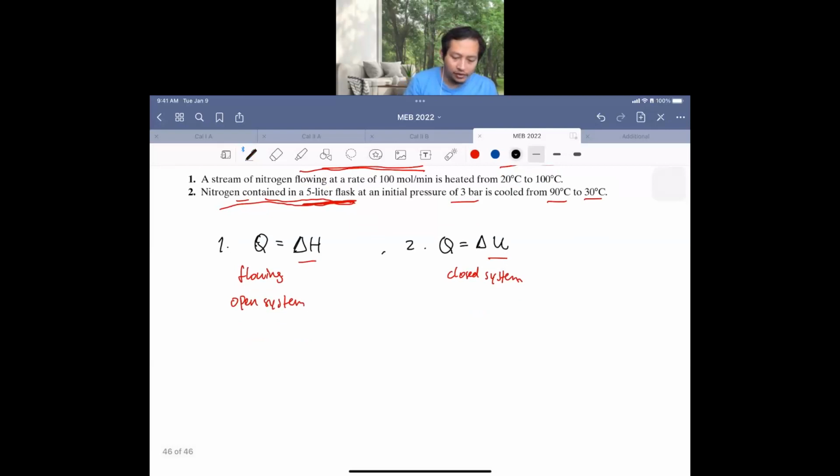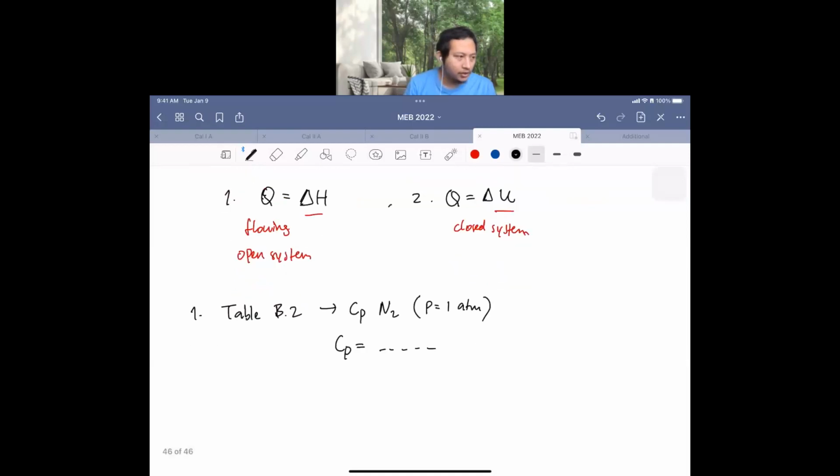Now for number one, we need to check table B2. We need to check the heat capacity for nitrogen at a pressure of 1 atmosphere. We get an equation here.